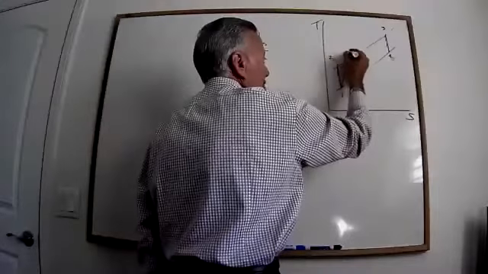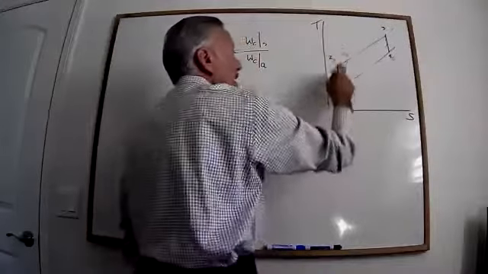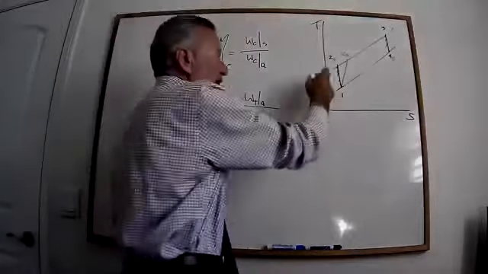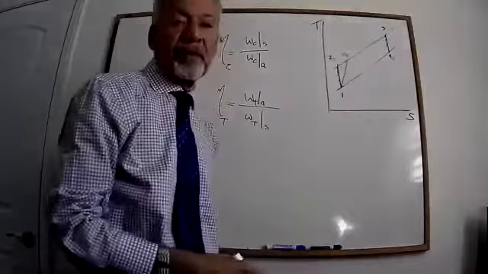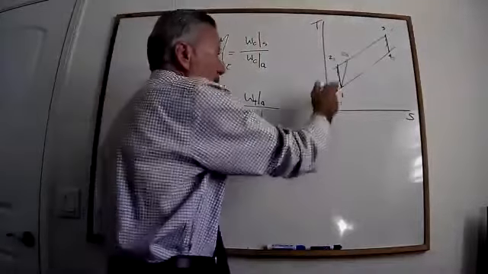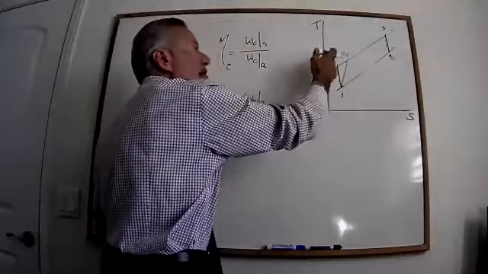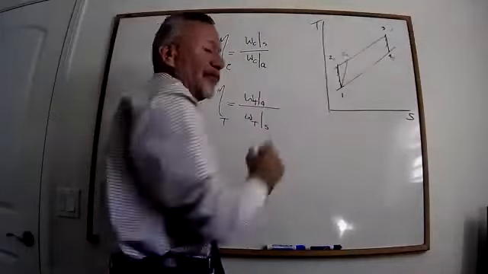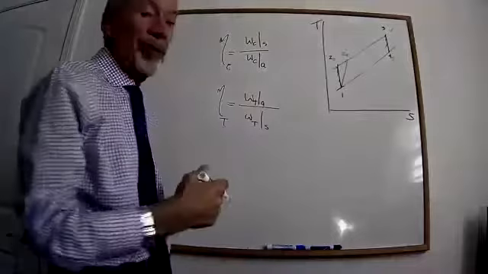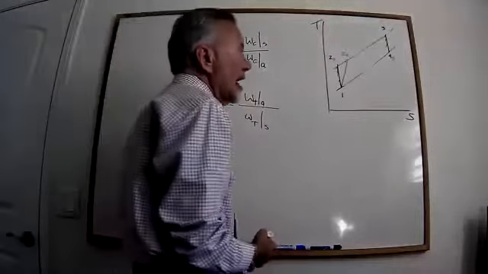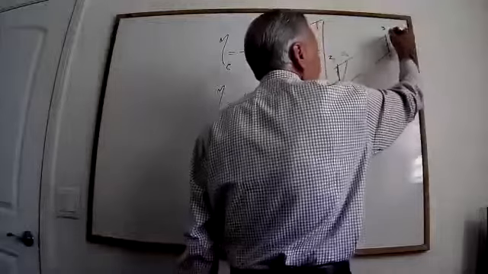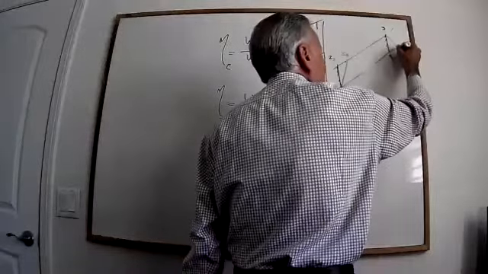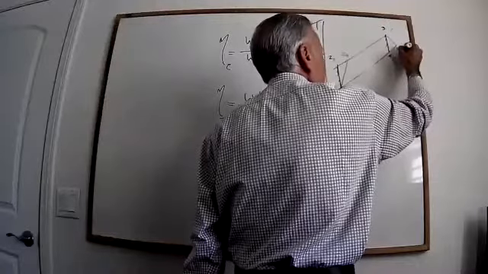This becomes 2A, the actual value of point 2. This is the isentropic value of point 2. We get it from the table, but for 2A we have to calculate it, and I'll show you how it's done. Similarly, from point 3 we come down and we call this point 4A.